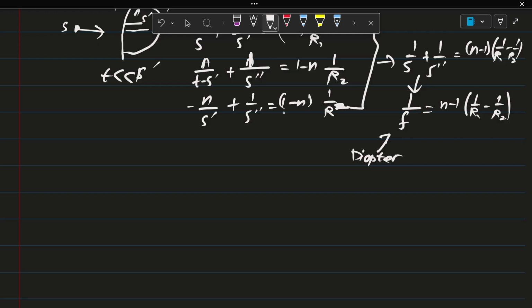So for lenses, you have something which you call lens aberration. A very unfortunate thing about the real world is that your refractive index is not constant. So n is proportional to your frequency.